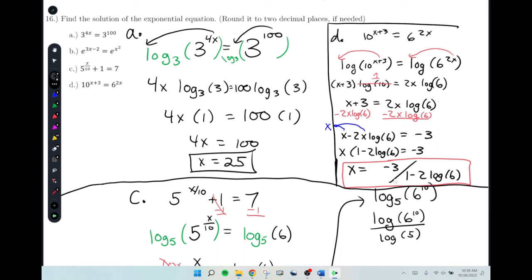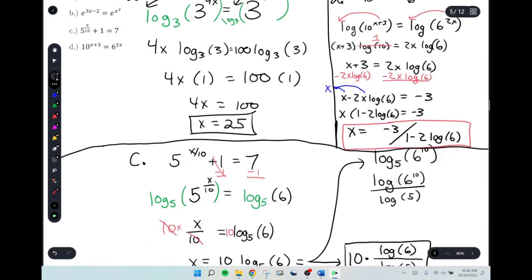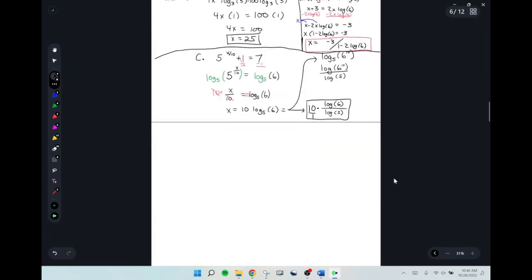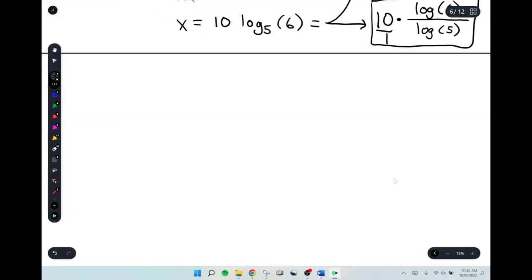Oh, it was inverse functions. We did inverse functions in this class, remember? Remember the 4 steps of inverse functions? It's such a similar concept to what we just did.